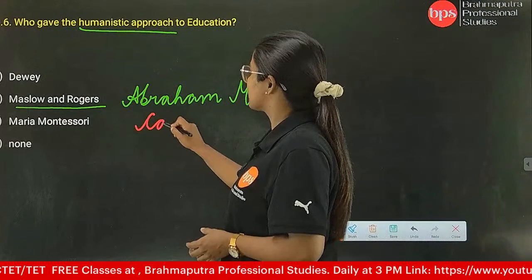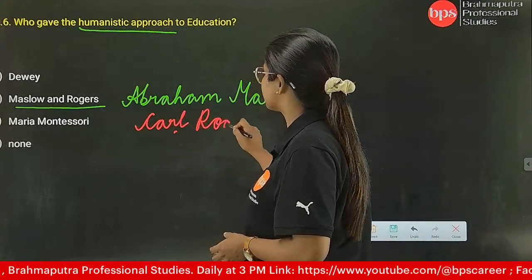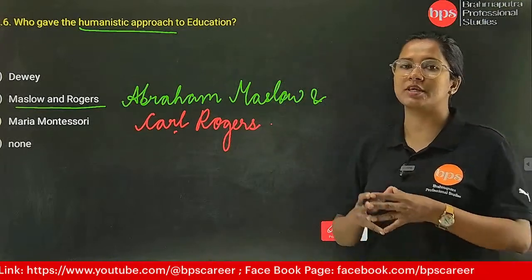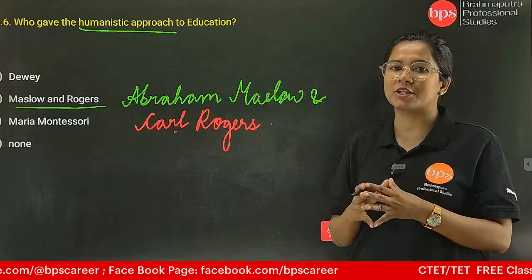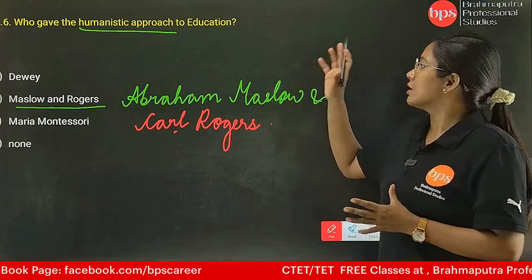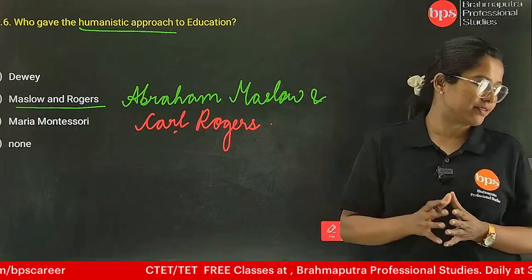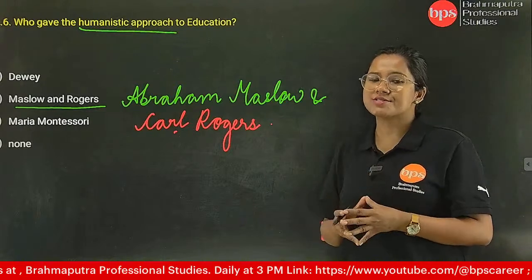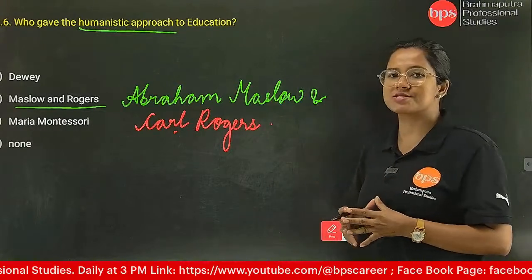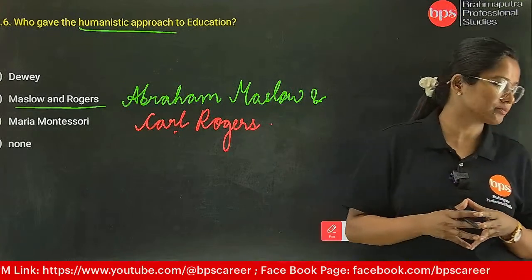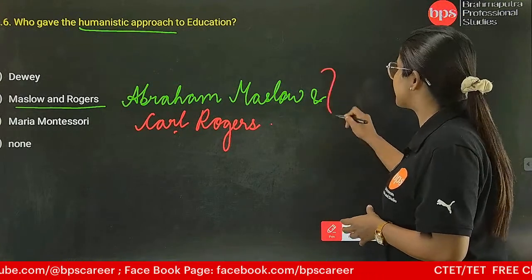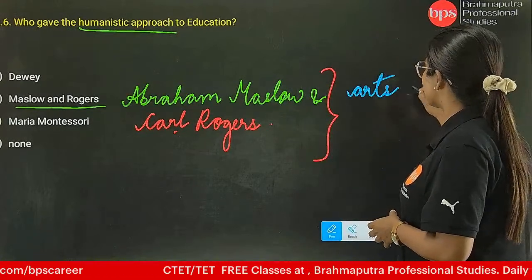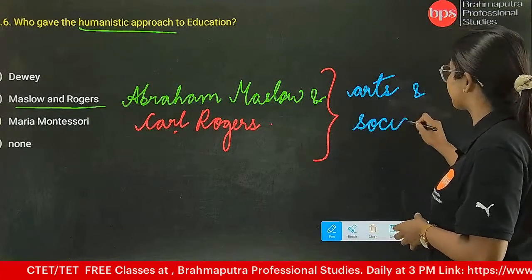And Carl Rogers. These are the two people who propounded the concept of the humanistic approach, where they emphasized and focused on arts and crafts, or we can say social sciences. Okay, they have given the concept of arts and social science.